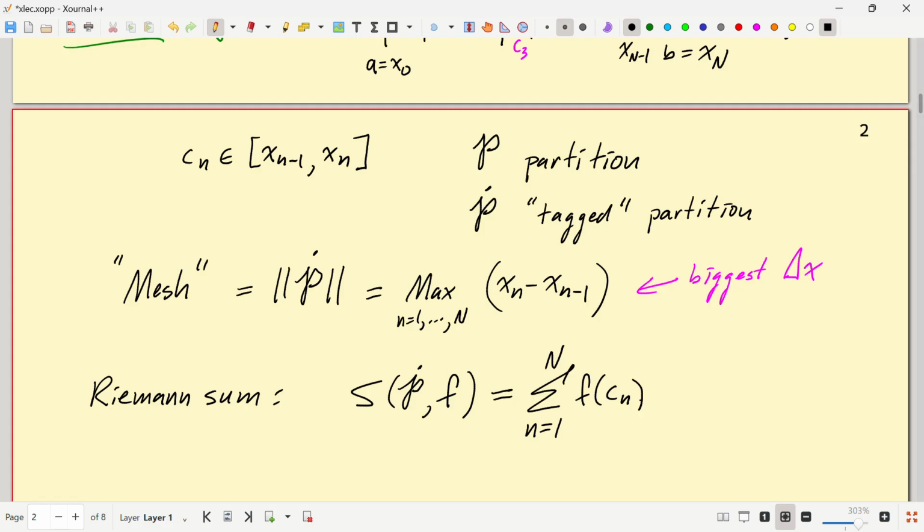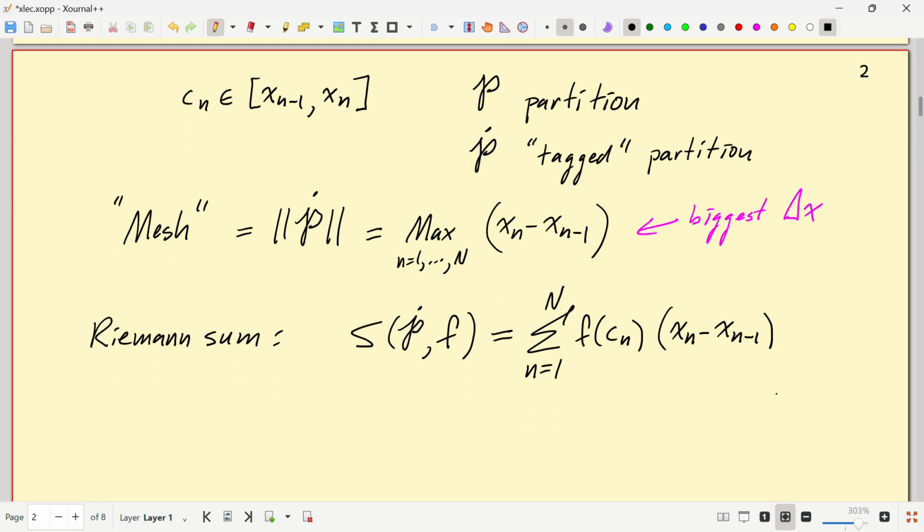Could be left endpoints, could be right endpoints, or any old point. And then we multiply by the length of the delta x, which would be xn minus xn minus 1. And that's an approximation to the area under the curve.